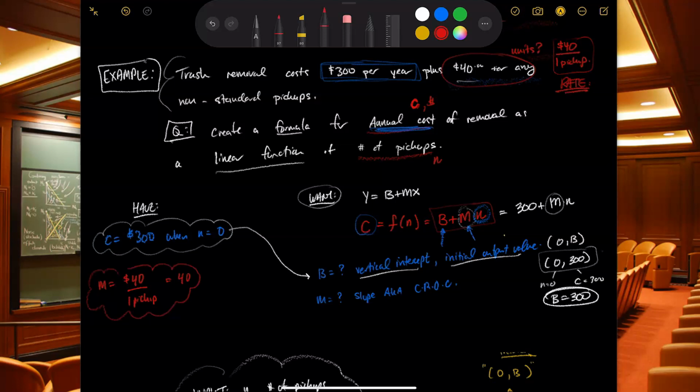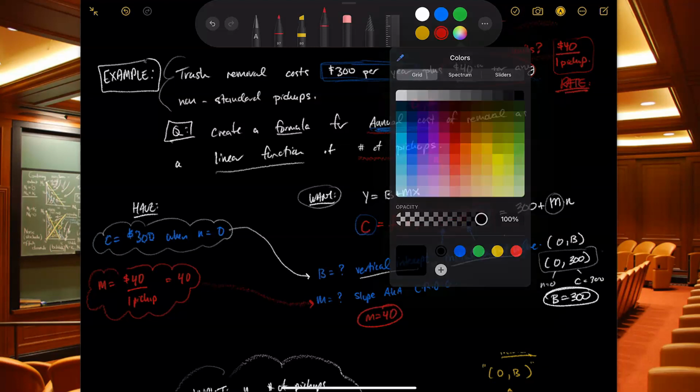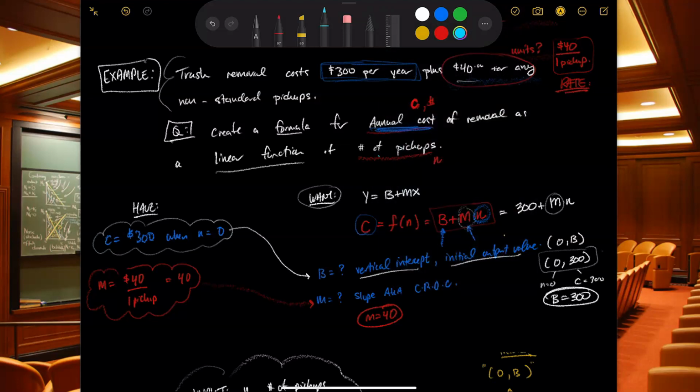So m is 40. Then I know this whole formula must be equal to 300 plus 40n.